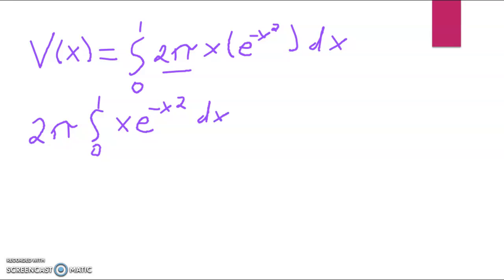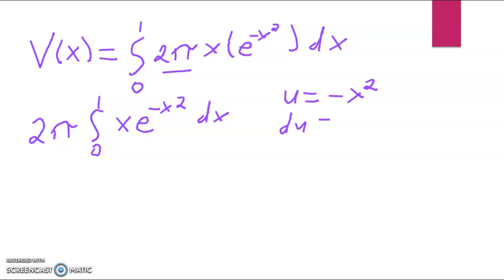The way we're going to solve that is by using u substitution. So we're going to let u equal negative x squared.